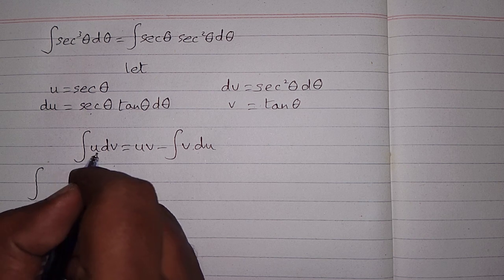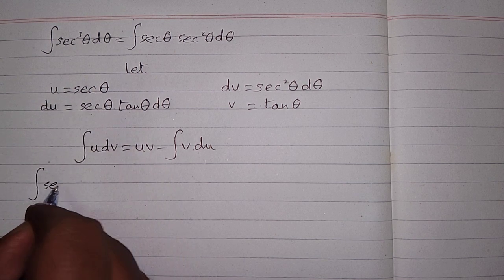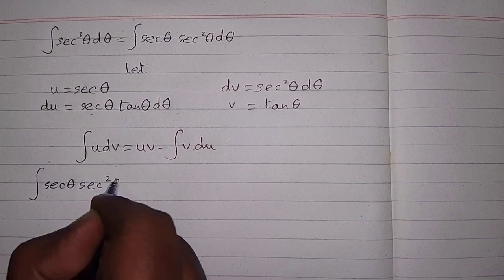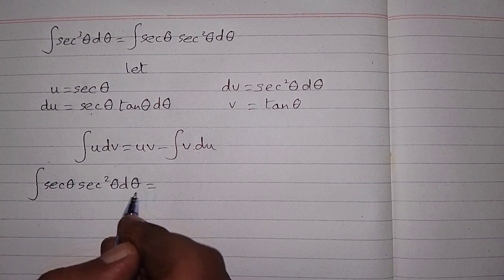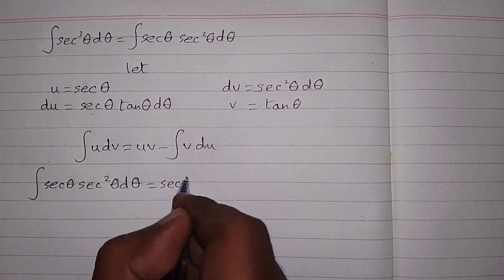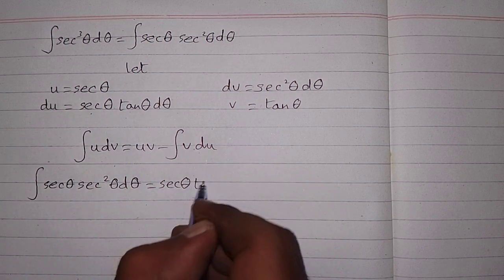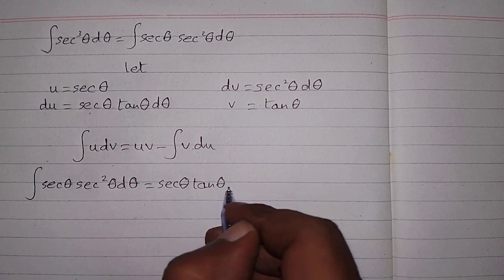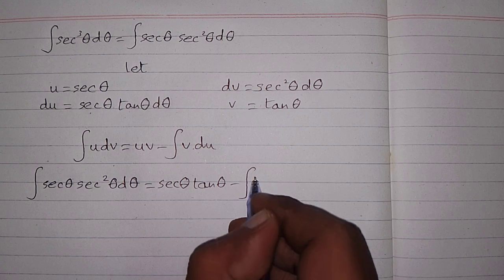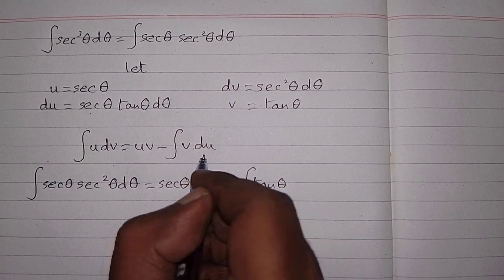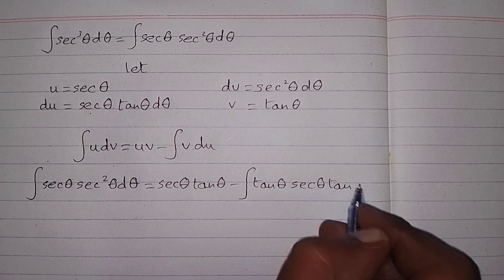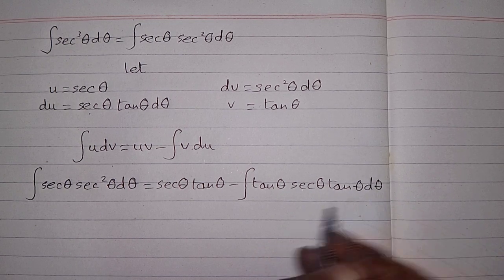So first we will write integral of u is sec theta and dv is sec square theta d theta is equal to u is sec theta and v is tan theta minus integral of v is tan theta and du is sec theta tan theta d theta.